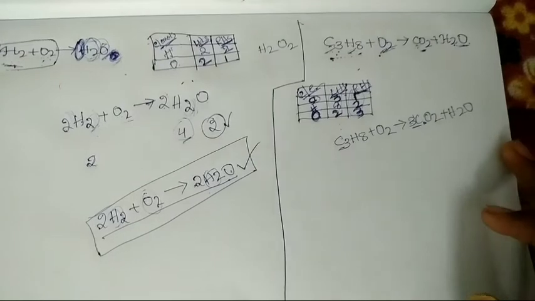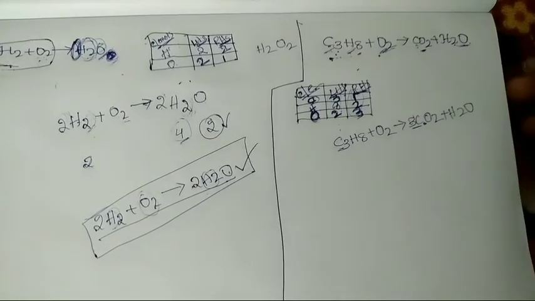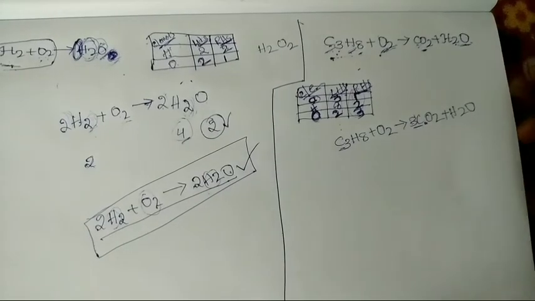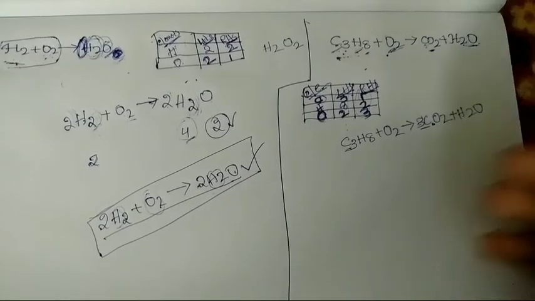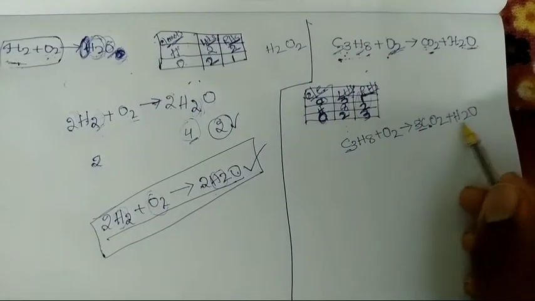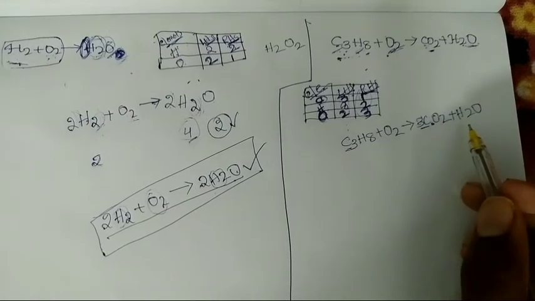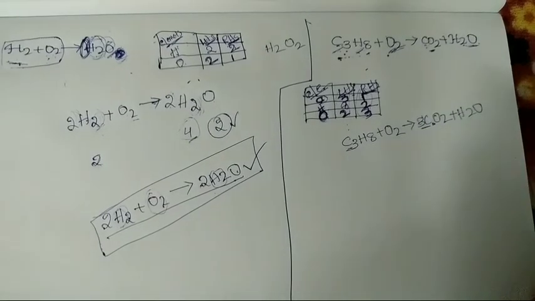Now next we shall balance hydrogens. Here we can get 8 hydrogens, but here only 2, means by multiplying something by 2 we get 8. Yes, that's true. 2 into 4 is equal to 8.